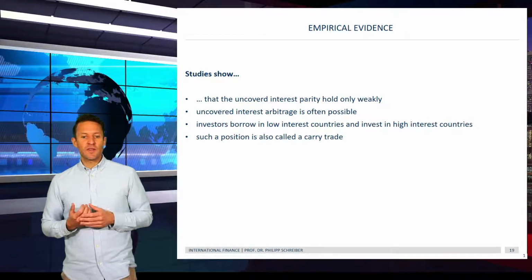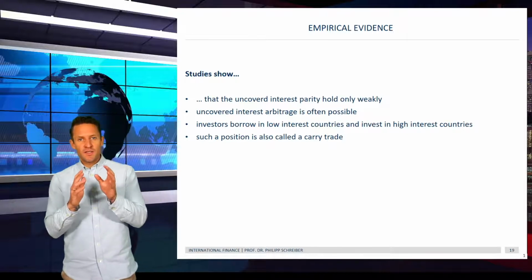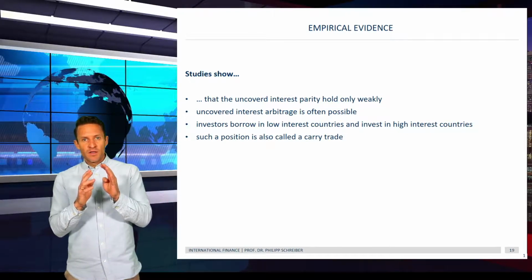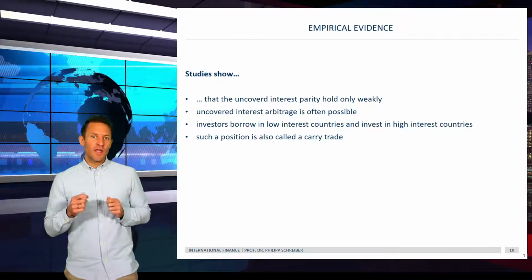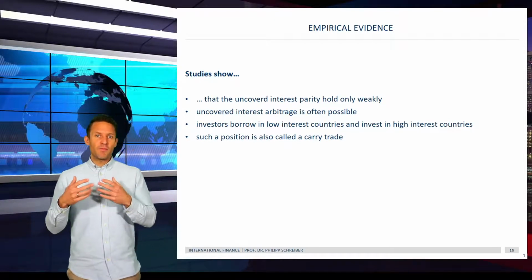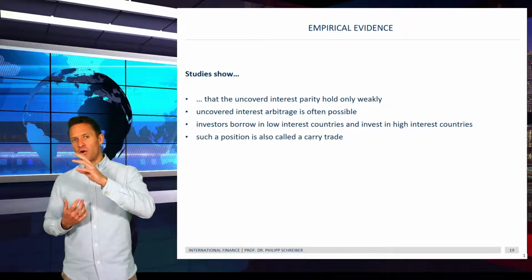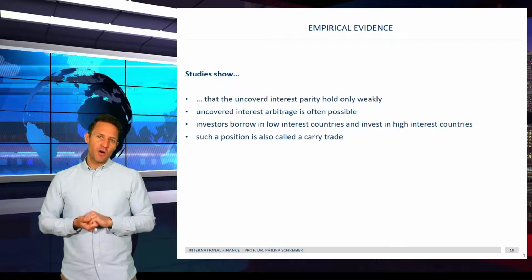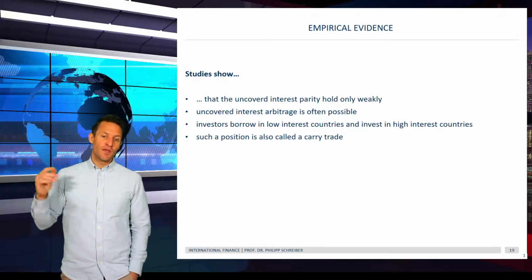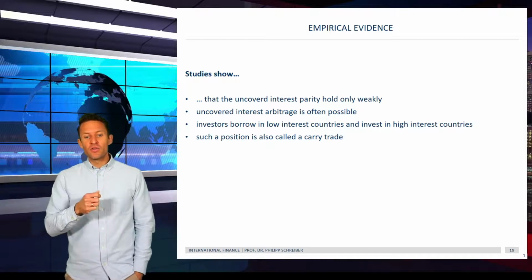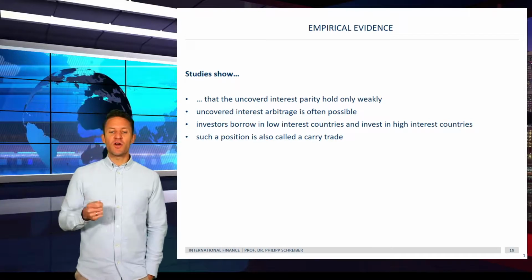Studies show that uncovered interest rate parity does not really hold, which means that uncovered interest rate arbitrage is possible, that you have some tools to build an expectation about the development of exchange rates in the future.